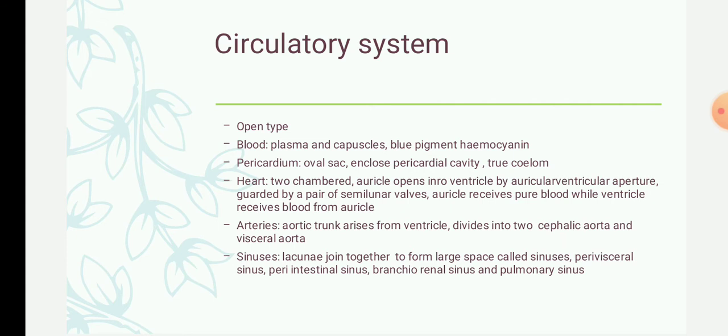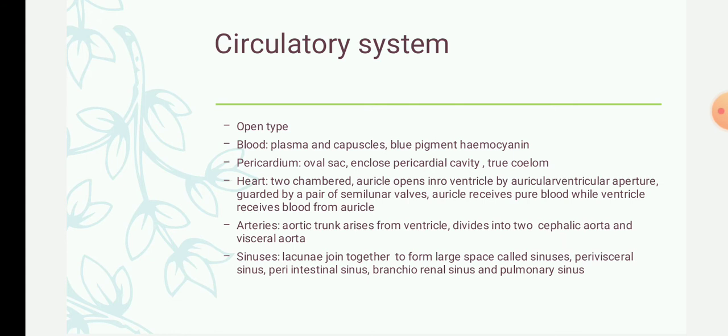The cephalic aorta divides into many branches, and it supplies blood to the mantle, pseudopodium, esophagus, skin, head and foot. The visceral aorta also divides into many branches, and it supplies blood to the stomach, intestine, liver, gonads and the pericardium.